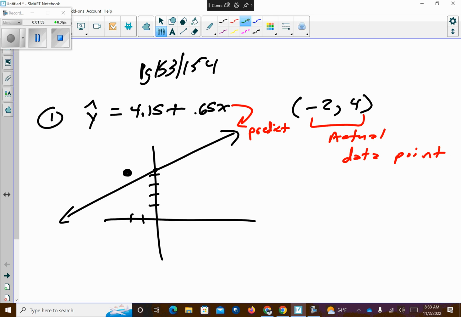What we're going to do is take my x value and plug it in for the x here. So I'm going to go y equals 4.15 plus 0.65 times -2. What did you get roughly?